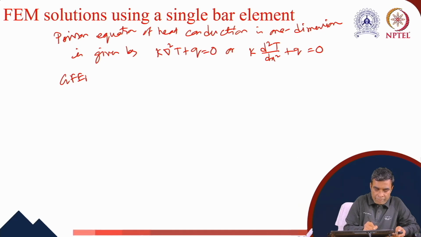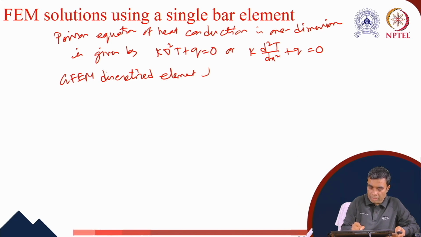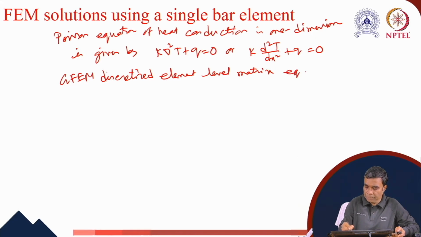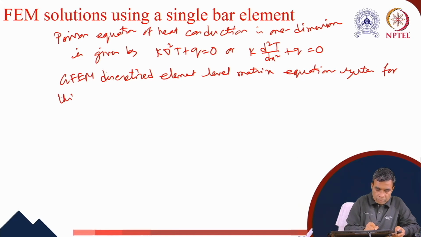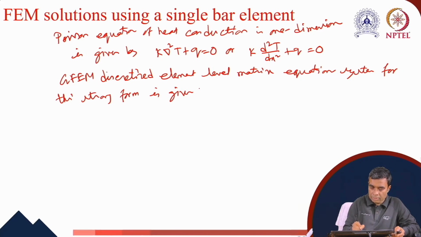The GFEM discretized element level matrix equation system for this strong form is given by KE TE equals to FE.